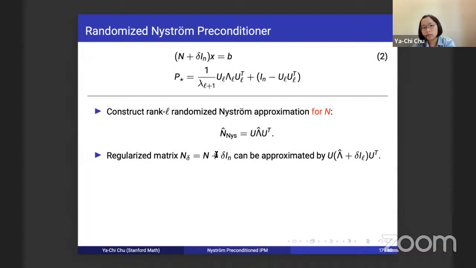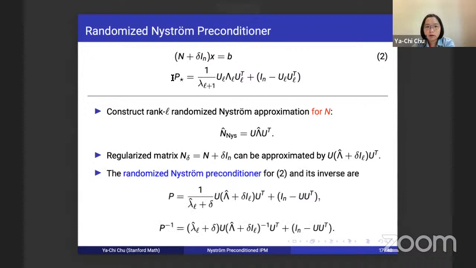Then, following the same idea as before for the optimal preconditioner, we just use all the low-rank information we have to construct the preconditioner like this.